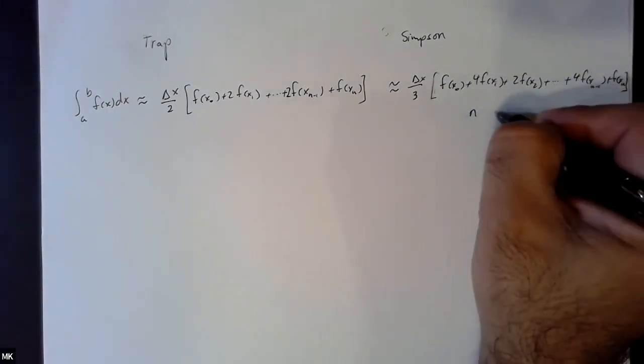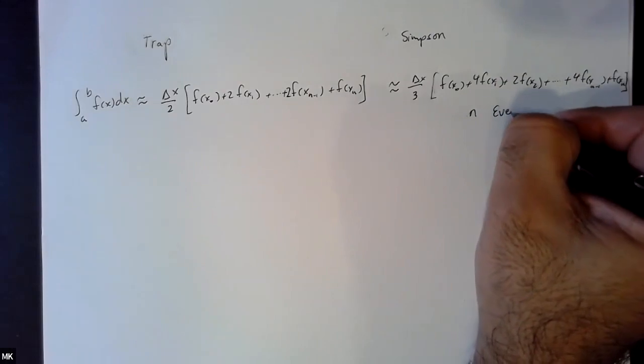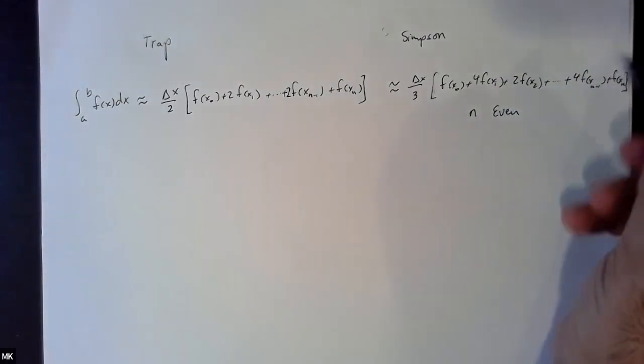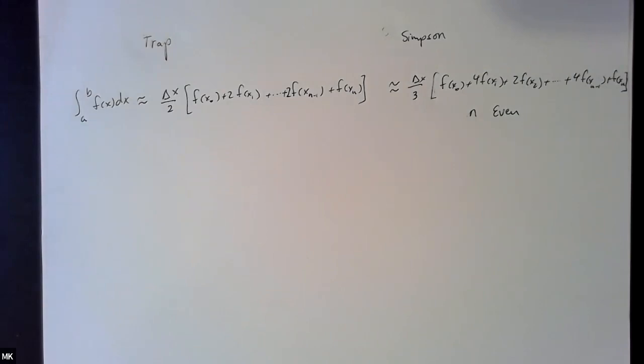For this one, n has to be an even number. If n is not an even number, then you're not going to have the correct number of terms. And I explained why, because of the partitioning part.